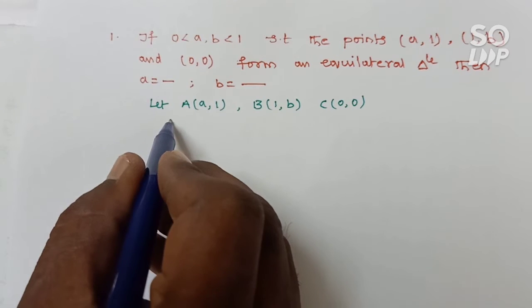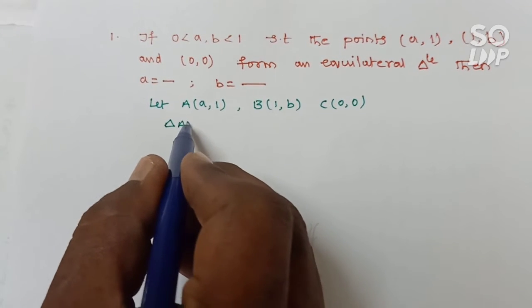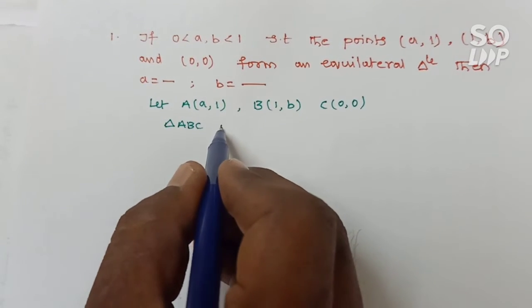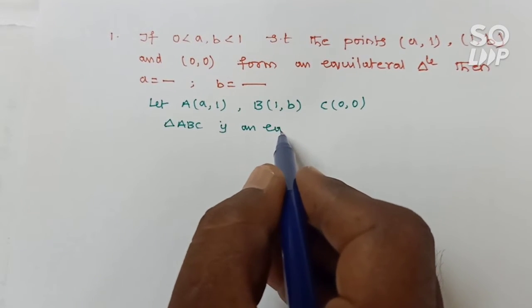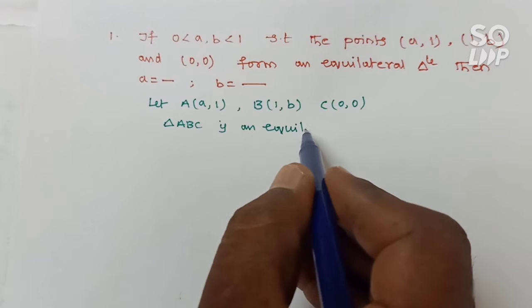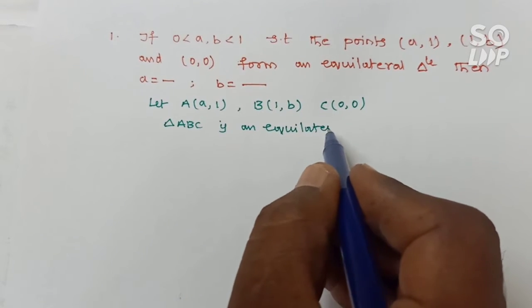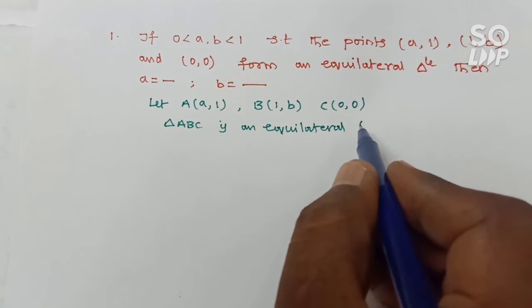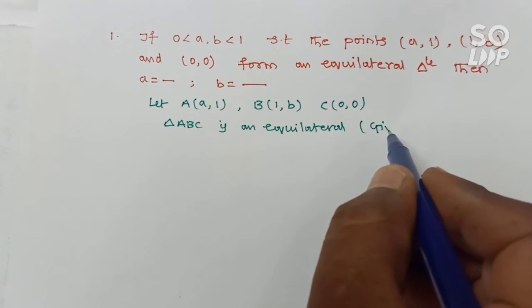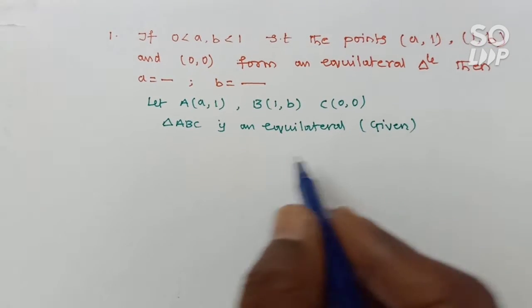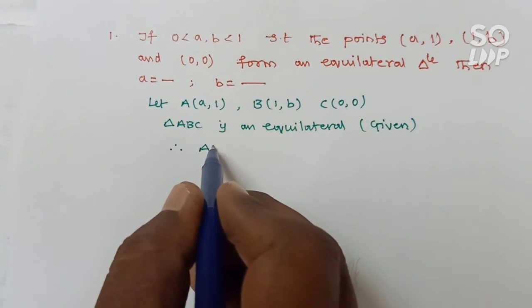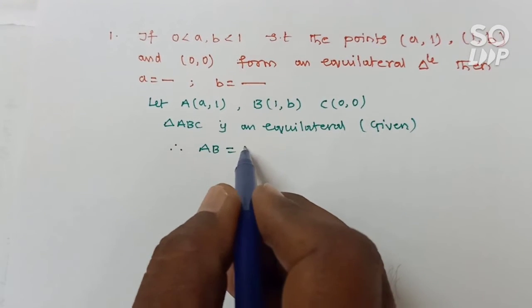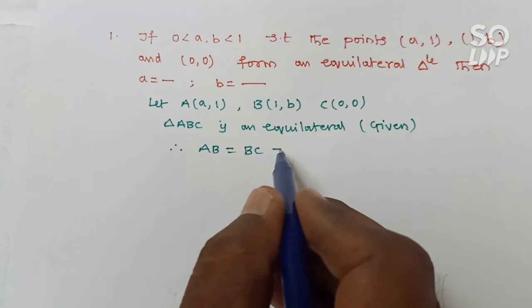Therefore triangle ABC is equilateral, as given. So what is the condition? AB = BC = CA.